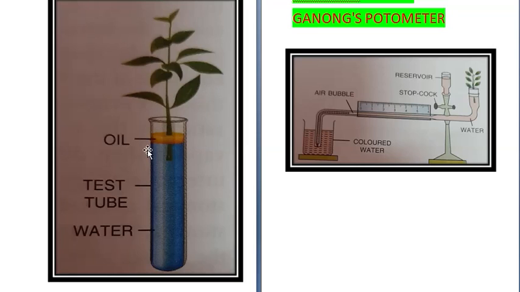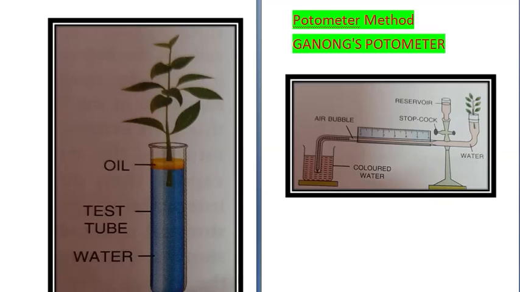After that, put it on a stand, leave it for some time, and then weigh it again. Whatever is the difference in the weight is the loss of water through transpiration. This was the first method, that is the weighing method. The second method is the potometer method.